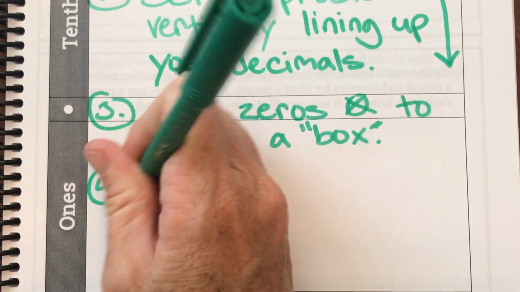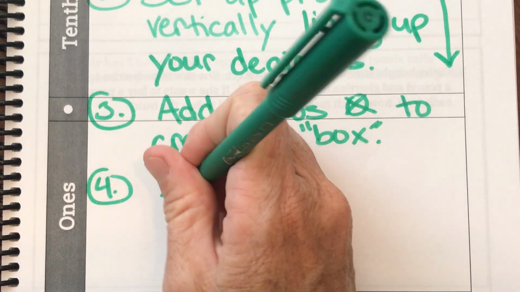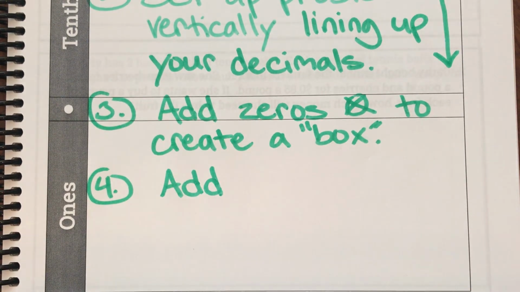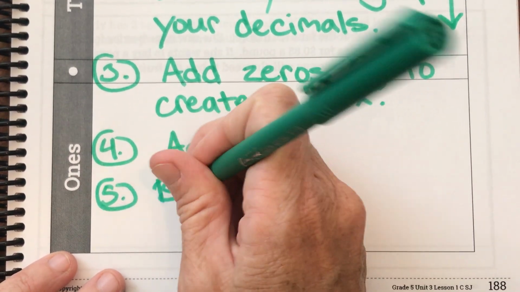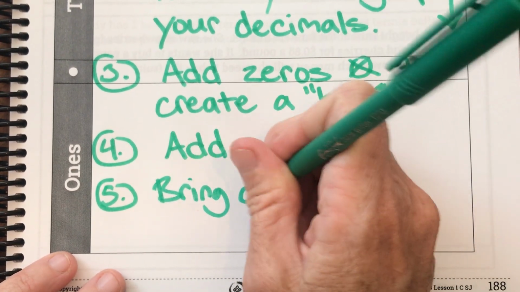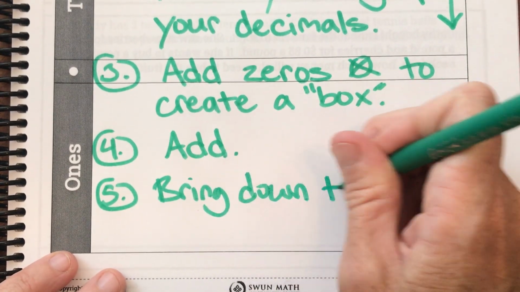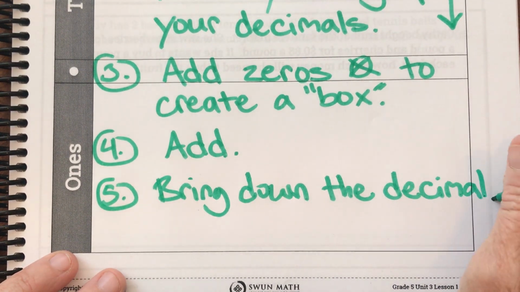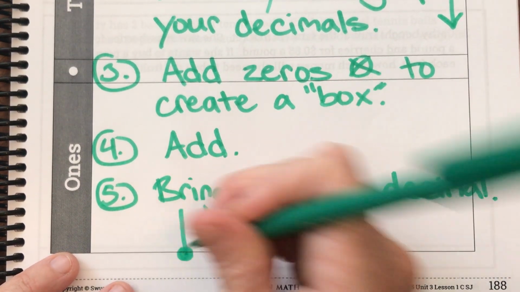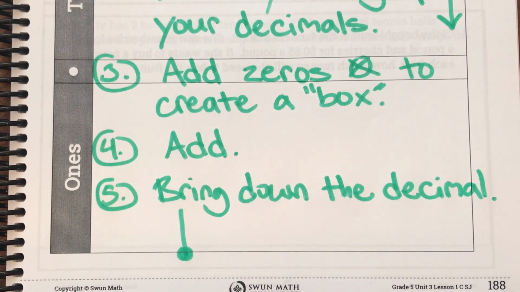Our fourth step is we're just going to add. And then our final step is we are going to bring down the decimal, kind of like that.